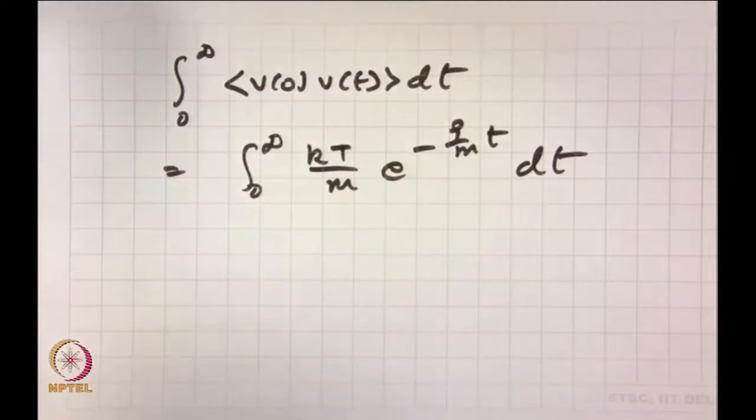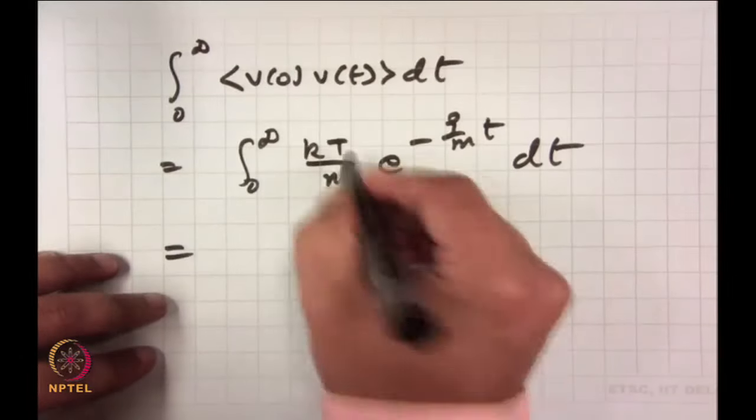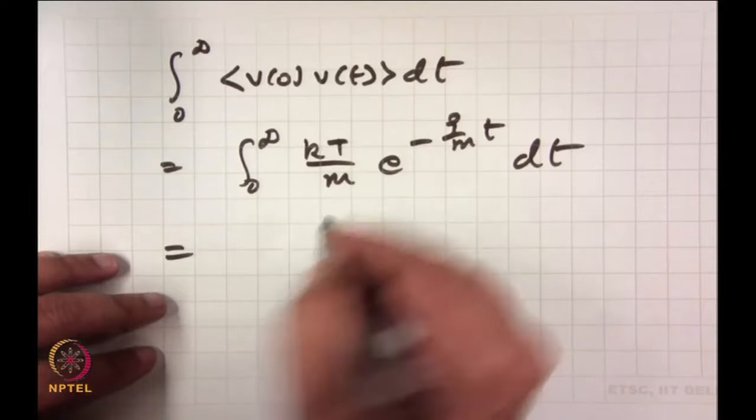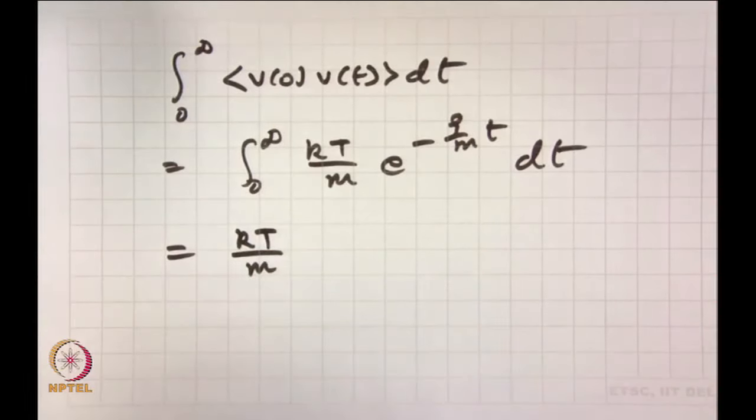I have moved out tau correlation, I have just put in the actual one I had, xi by m. Now tell me, k T by m is a constant, isn't it? So, k T over m, then what should come out on the other side? On integration between 0 to infinity, what should I get? Shouldn't I get this?